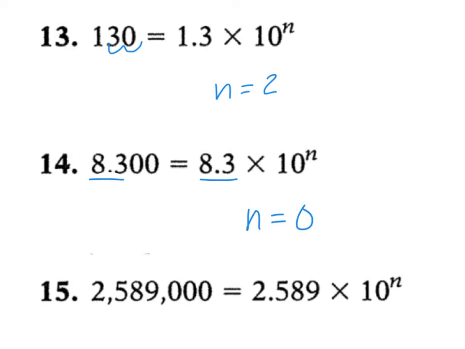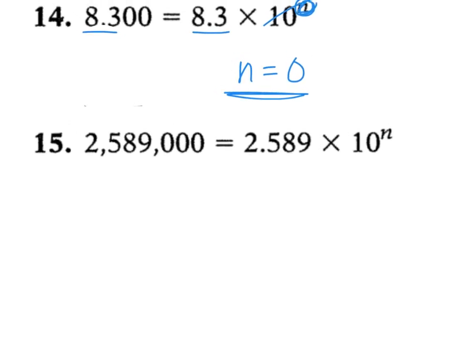So when we make this n 0, this becomes 1. So it would just be 8.3 times 1, which is just 8.3, so that would be equal to this. If we made our exponent 1, this becomes 10, and then we're moving our decimal. We don't want to move our decimal at all, so that's why our n is 0.